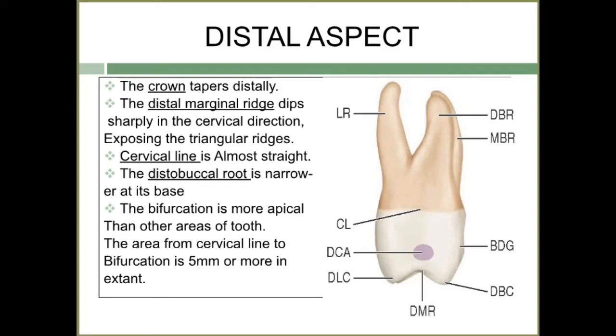There is a distal contact area just below it. The cervical line is almost straight. All 3 roots are seen from this aspect, and the distobuccal root is very narrow at its base. Here the bifurcation area is more apical than in other aspects of the tooth, and it is 5 mm or even more below the cervical line.